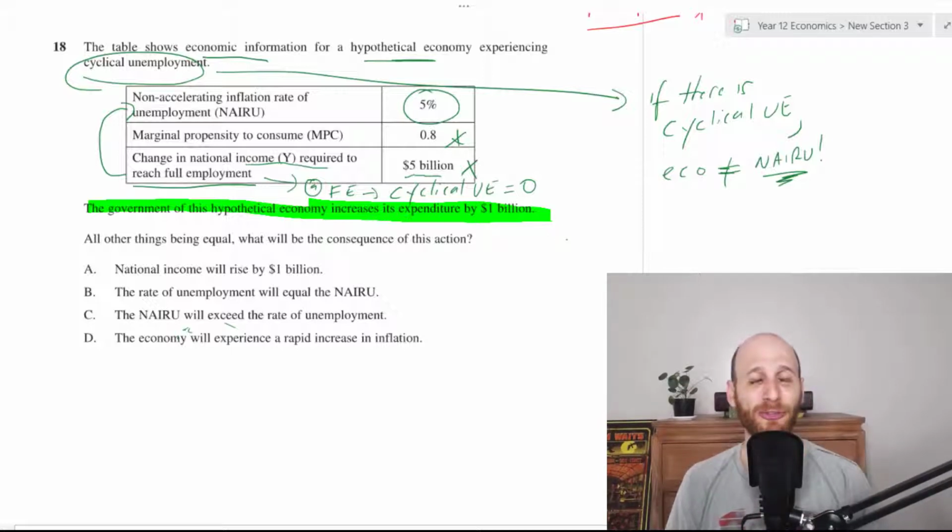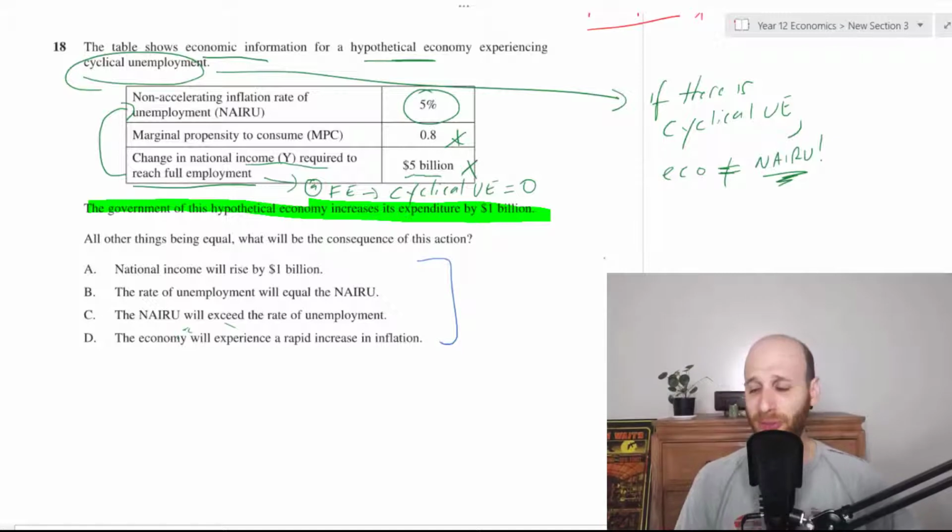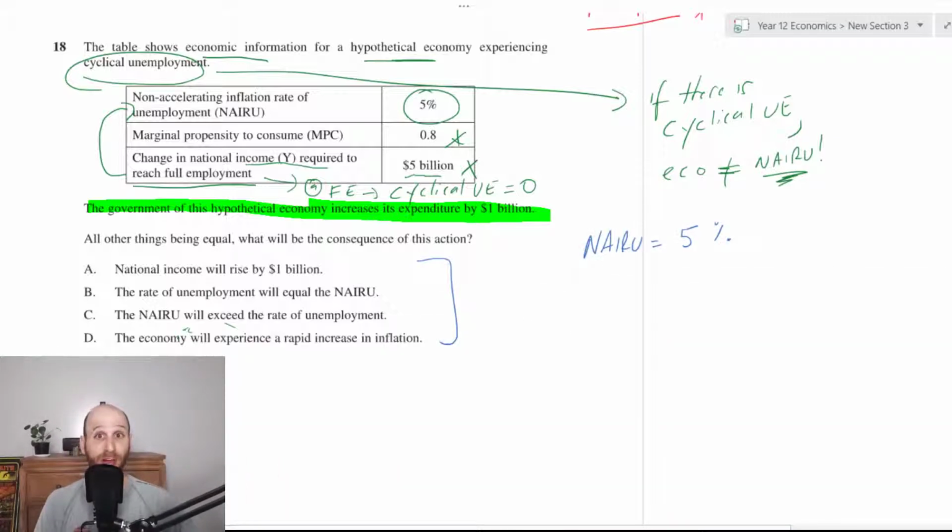So before I get into these options, I might try and work this out. The NSW is 5%, the question gives us that. MPC is 0.8. Now, if MPC is 0.8 and I'm seeing Y, I might try and work out the multiplier. I know that the multiplier is 1 over 1 minus MPC, which is 1 over 0.2, 1 minus 0.8, which equals 5. Interesting.